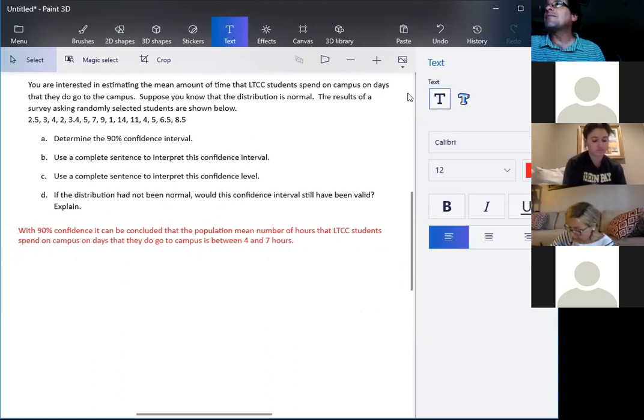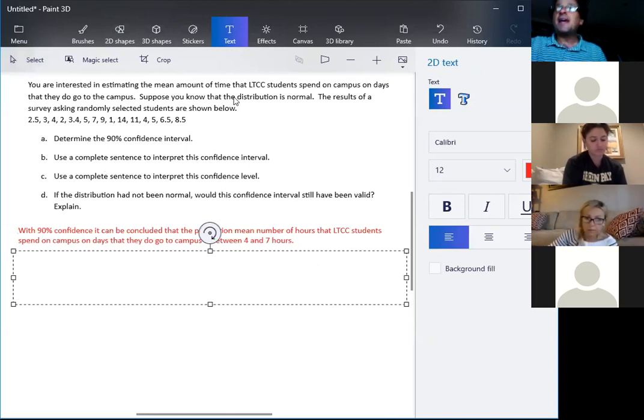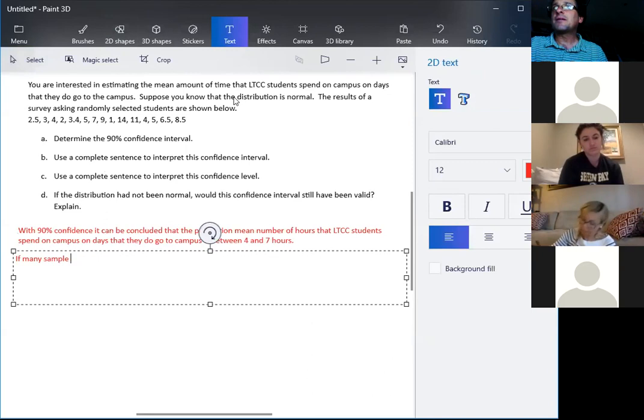Let's try one more time. And what we could say is that if many studies, or many samples, of, and how many do we have? 15, I think. 1, 2, 3, 4, 5, 6, 7, 8, 9, 10, 12, 14, yeah, 15.